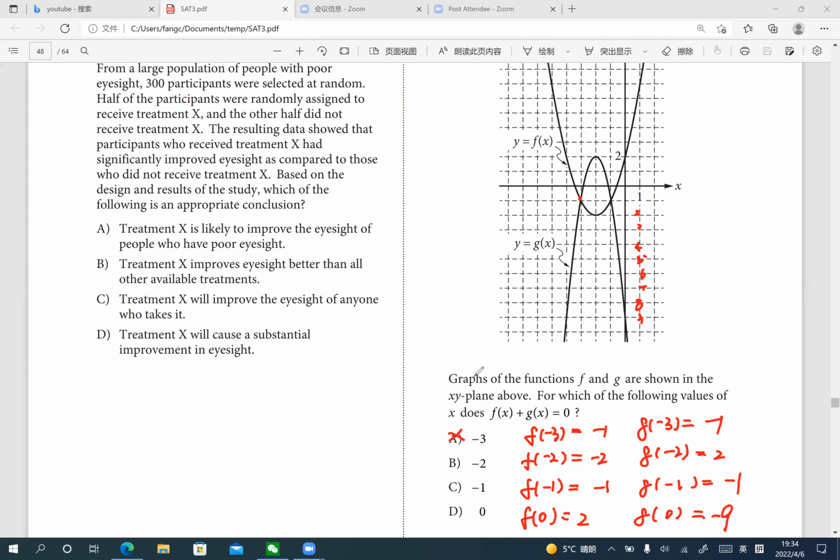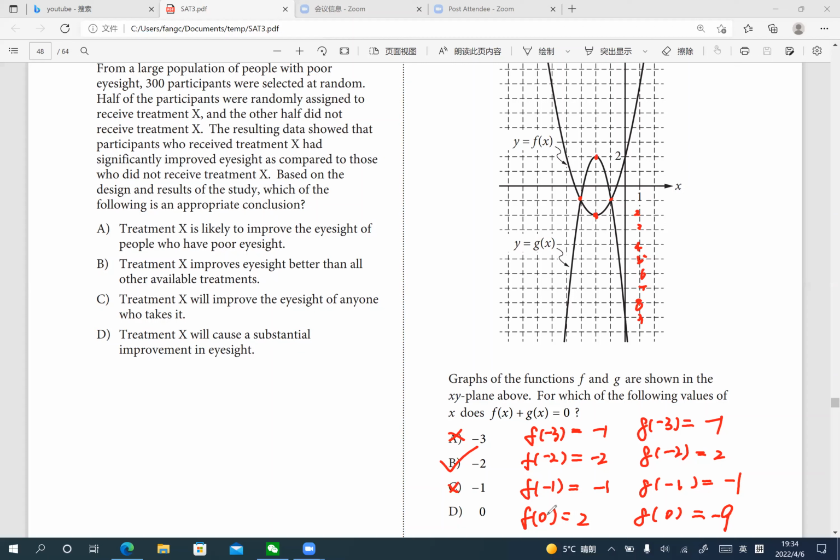Option B, f(-2) equals -2, and g(-2) equals 2, and -2 plus 2 equals 0, so we should choose option B. Option C, f(-1) equals -1, and g(-1) equals -1. -1 plus -1 is not equal to 0, so option C is not correct.